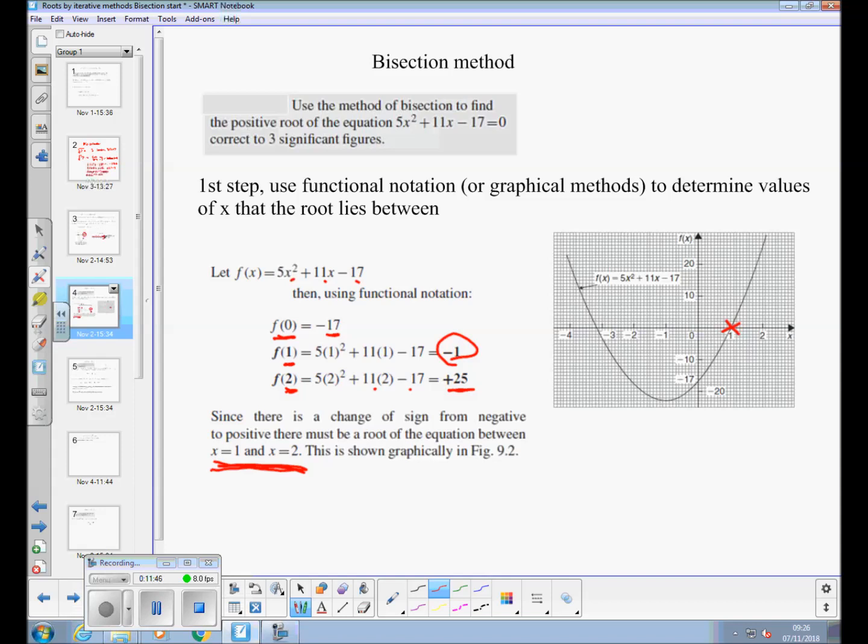So it's the change of sign that's important, not that it goes from negative to positive. So it could go the other way. Alright? We need a good first guess, because it's important that we don't go too wide and actually bring in two different roots, and we find that one instead of that one. So we need to make sure our initial guess is in the right place.